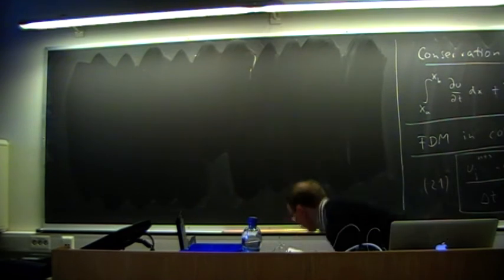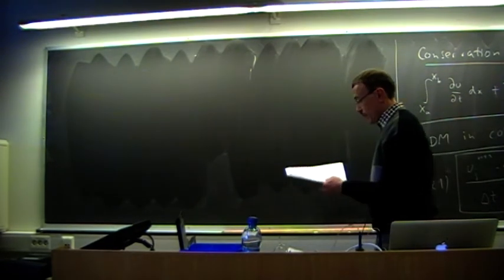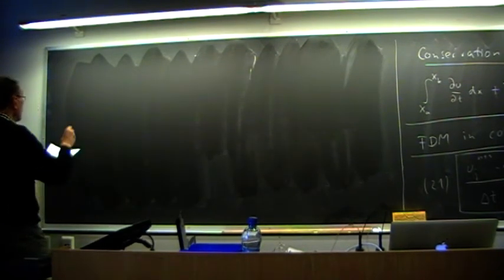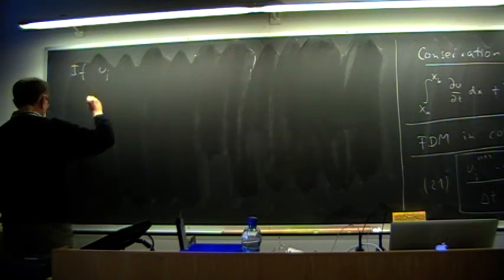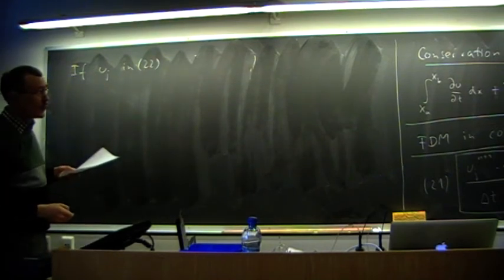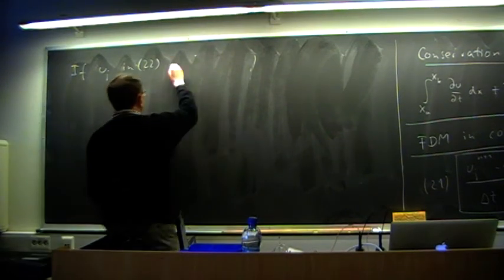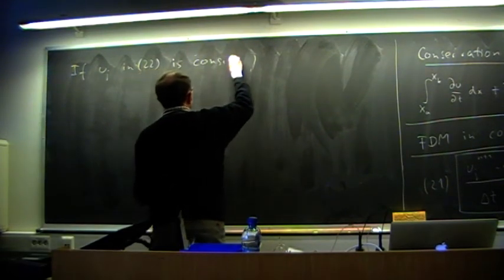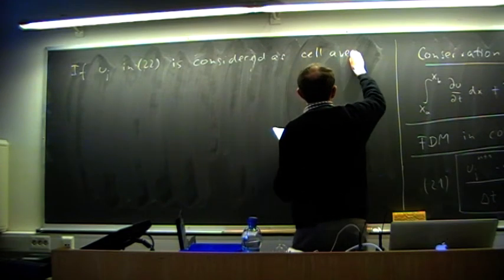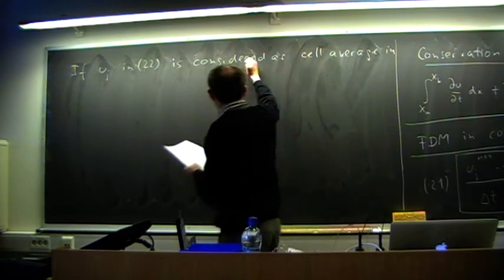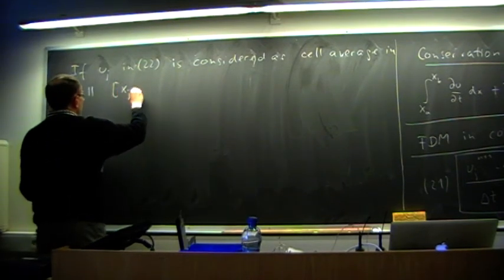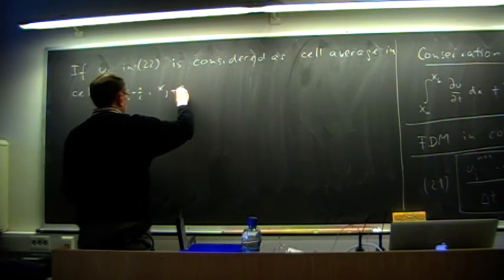So then, just to finish up this discussion on the right, on 22, the uj in the discretization that we discussed for the integral form is considered as a cell average in the cell or control volume xj minus 1/2, xj plus 1/2.